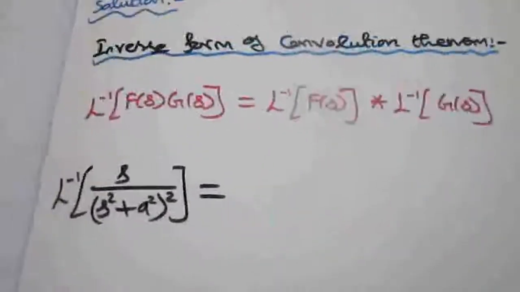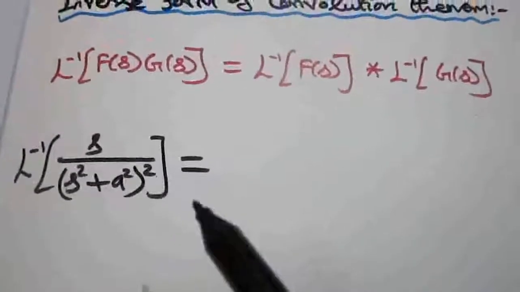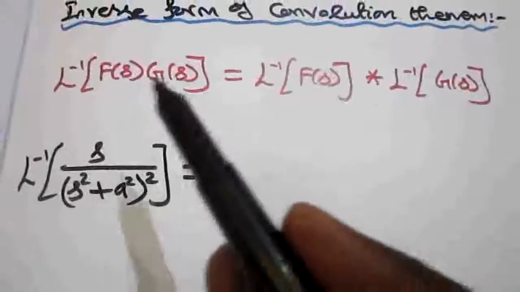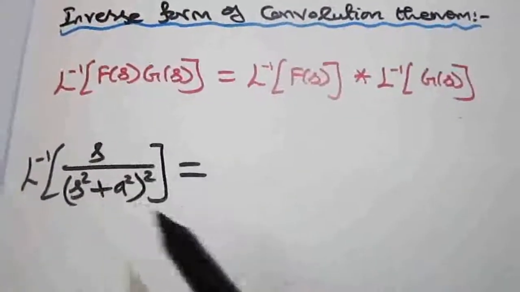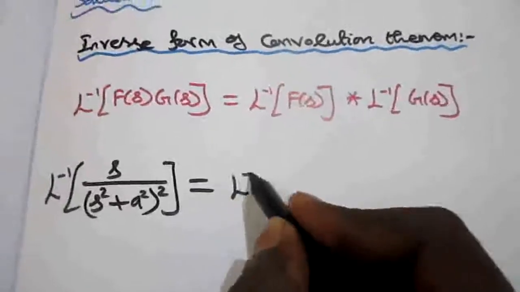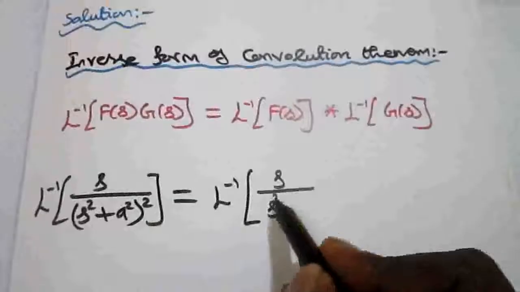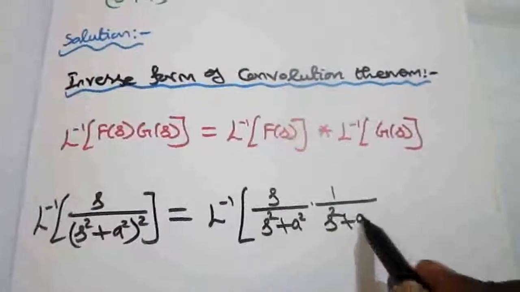Now the given function is L inverse of s by (s square plus a square) the whole square. I want to convert this into a product of two functions F(s) into G(s), so it is L inverse of s by (s square plus a square) into 1 by (s square plus a square).